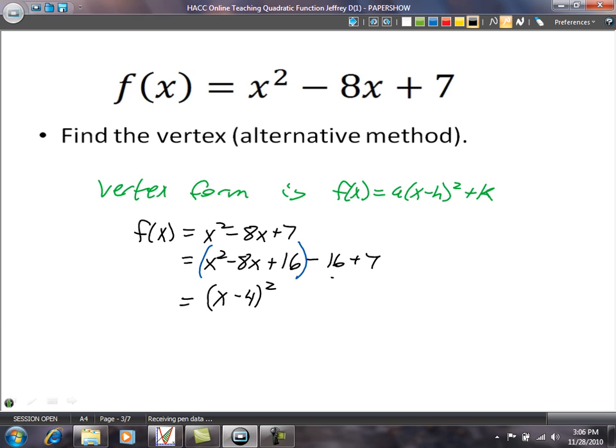And then we can combine here. Negative 16 plus 7 is going to be minus 9. So in the vertex form, you're going to see that a is 1, h is going to be 4, because it's x minus h, and k is going to be negative 9. Not surprisingly, we get the same result.